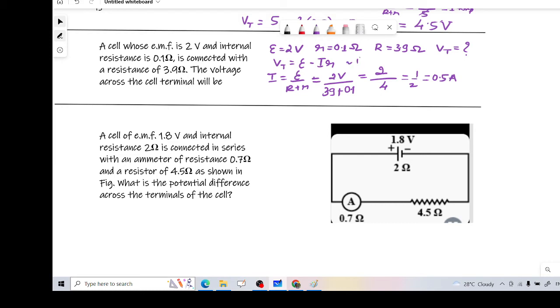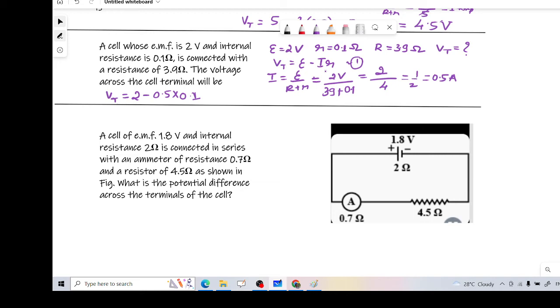So directly we can substitute the I value in equation number 1. So Vt is equal to E, which is 2 volt, minus I, which is 0.5, into small r, whose value is 0.1. So 0.5 into 0.1 is 0.05.